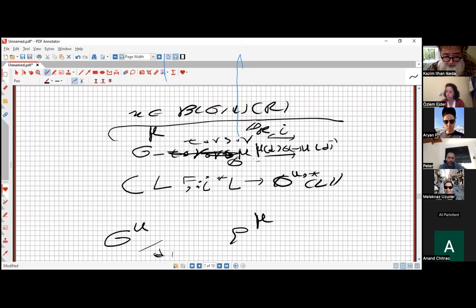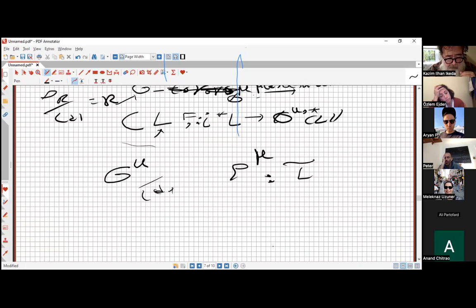If I have a prismatic display, I can mod out by this element D; Delta of R modulo D just becomes R, and this G_mu torsor L gives me a P_mu torsor. And so to every G_mu display I can associate a P_mu torsor.